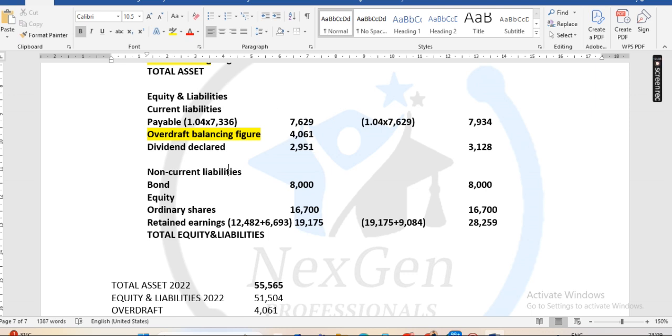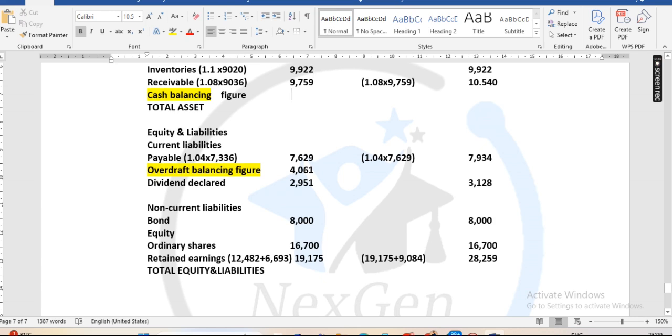So now when you add everything together here, there's no overdraft here, there is no cash balance here because the total asset is there. So what is the total? 55656. So we have tested this and we have this figure here.